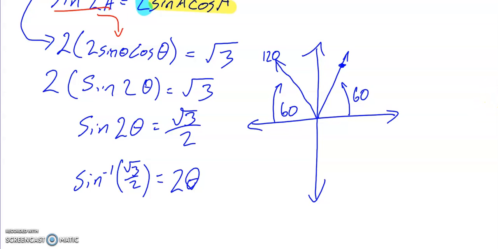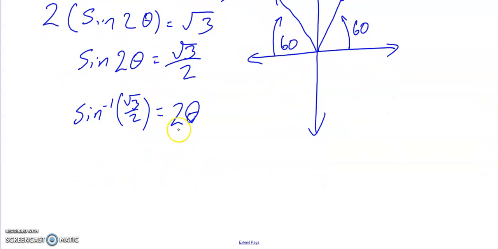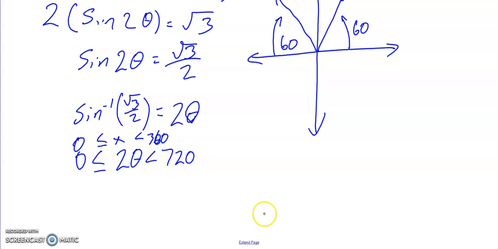So remember though, this is twice as many rotations as we want because it's not just theta, it's 2 theta. And if x is going from 0 to 360, what that means is 2 theta is going to go from 0 to 720. It's going to do 2 rotations instead of just 1.